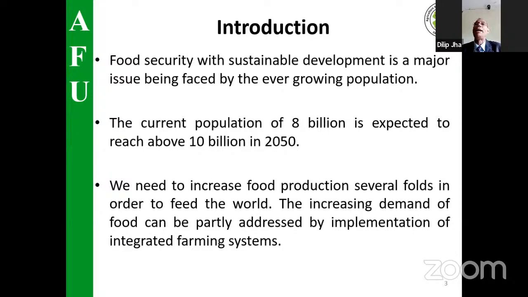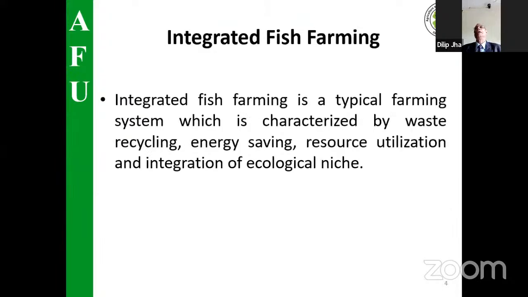The increasing demand for food can be partly addressed by implementation of integrated farming systems. This kind of system may be important from the point of view of sustainable development. Integrated fish farming is a typical farming system characterized by waste recycling, energy saving, resource utilization, and integration of all ecological niches.